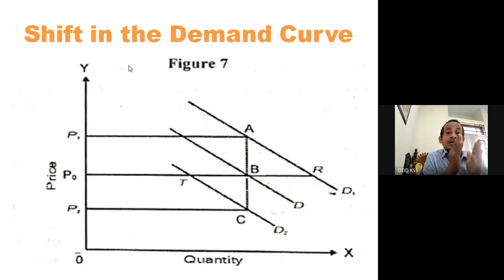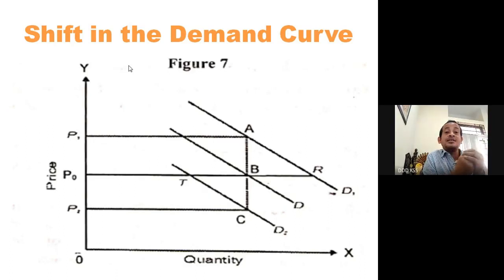Now if the coffee price comes down almost at par with the tea price, then what will happen? Consumers will shift to coffee, and in that case demand for coffee will increase and demand for tea will reduce. Now see, due to the change in the related good price, there is a shift in the demand.